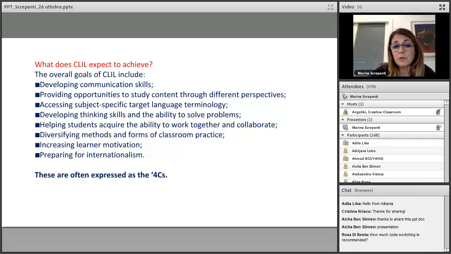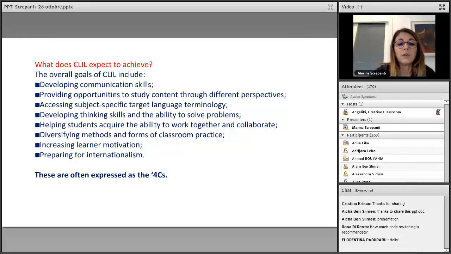Then helping students acquire the ability to work together and collaborate. As we said, CLIL is communication in groups. Diversifying methods and forms of classroom practice.